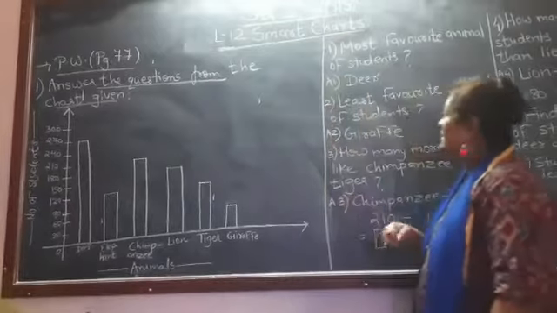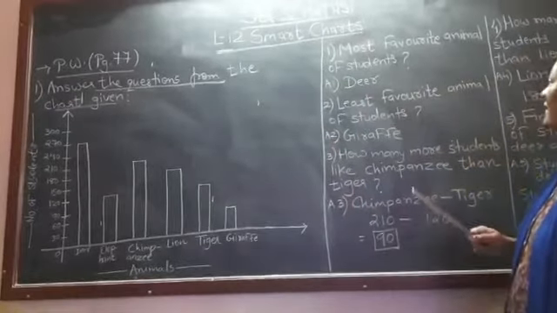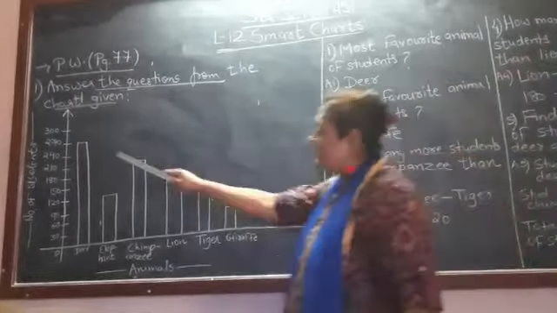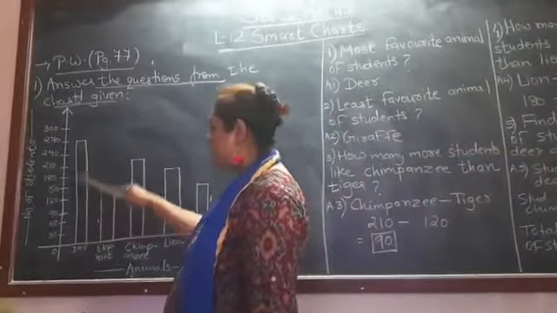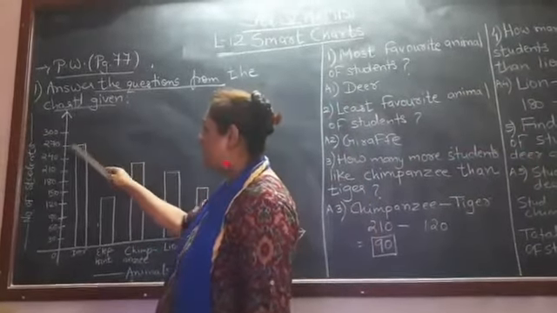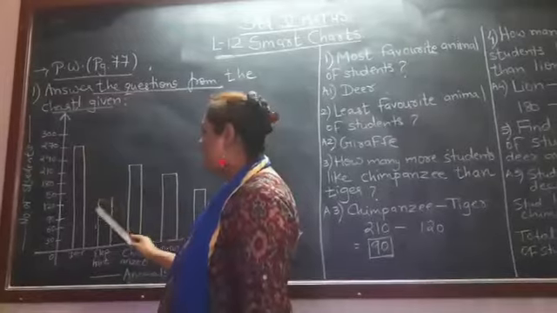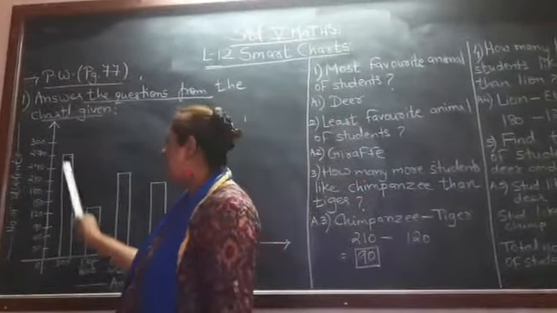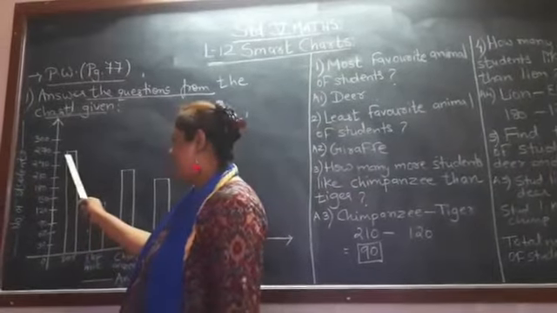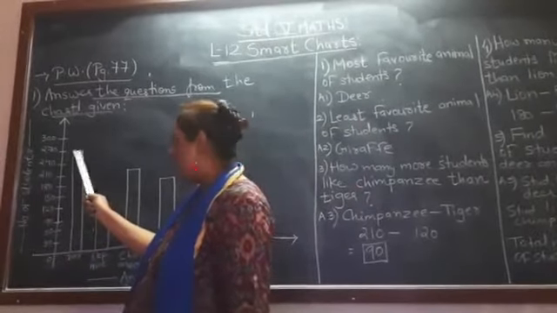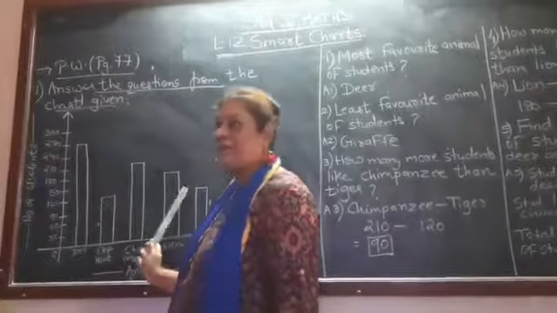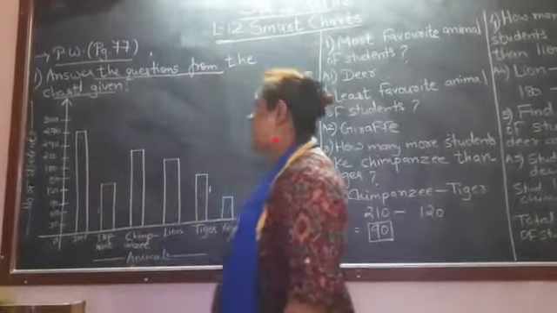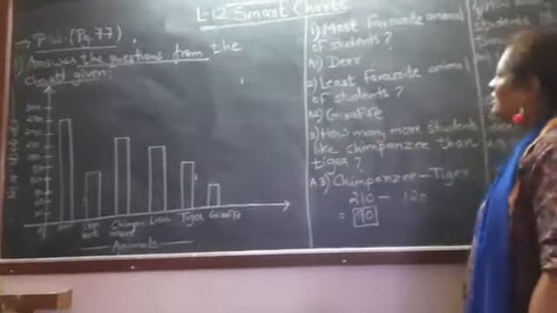So the first question is, which is the most favorite animal of students? The rectangular bar which is the longest one ends on 270, out of all the rectangular bars I have drawn. So deer is the most favorite animal of the students.